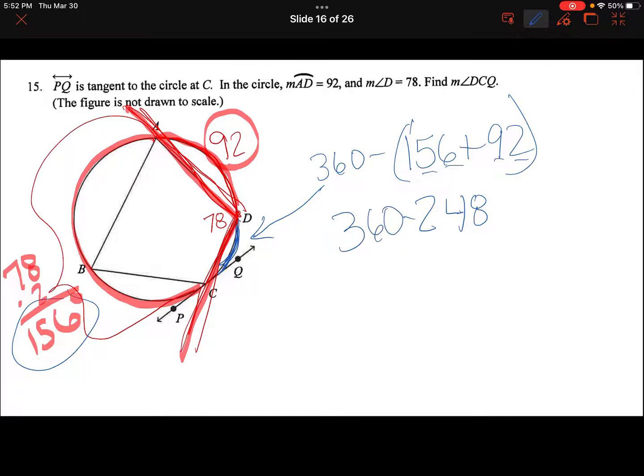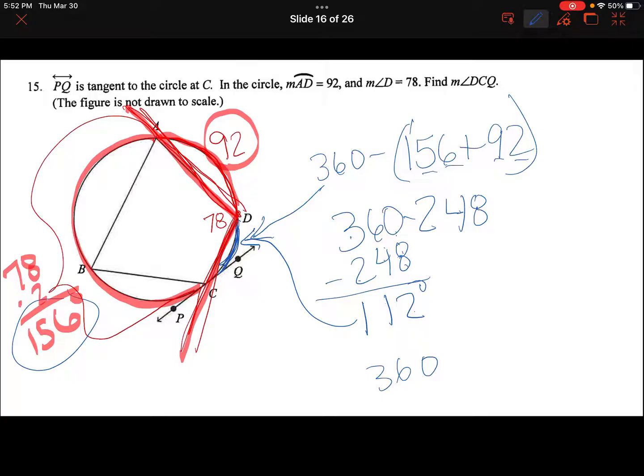360 minus 248. I'm going to write this vertically to make it a little bit easier to do. 3 minus 2 is 1. 6 minus 2 is 4, but I'm subtracting 8 from 0, so it's going to be not 2, but 1, and 12. And you can double check this. 8 plus 2 is 10. Put down the 0, carry your 1, 4, 5, 6, and 3. So yes, 112 is the degree measure of this arc.